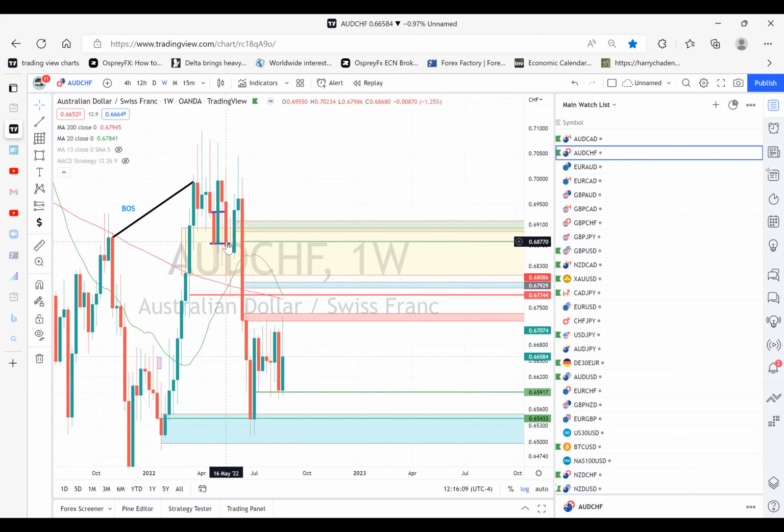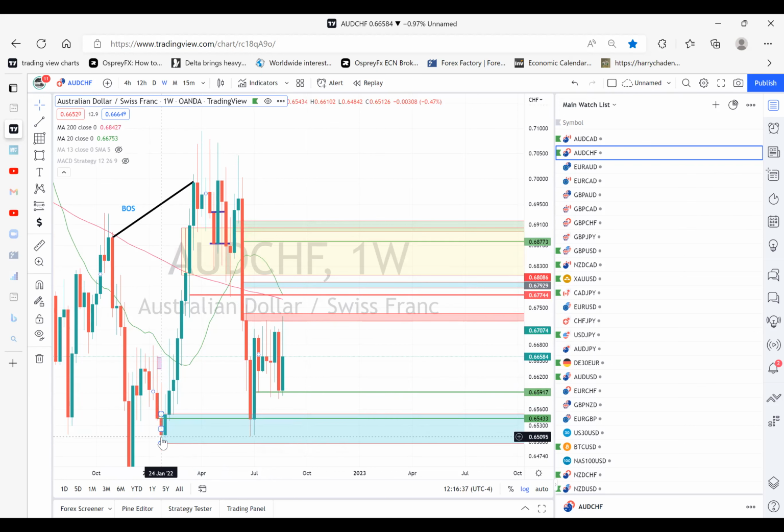Your break, that line right there, the black line with the breaker structure. Oh, the diagonal line.